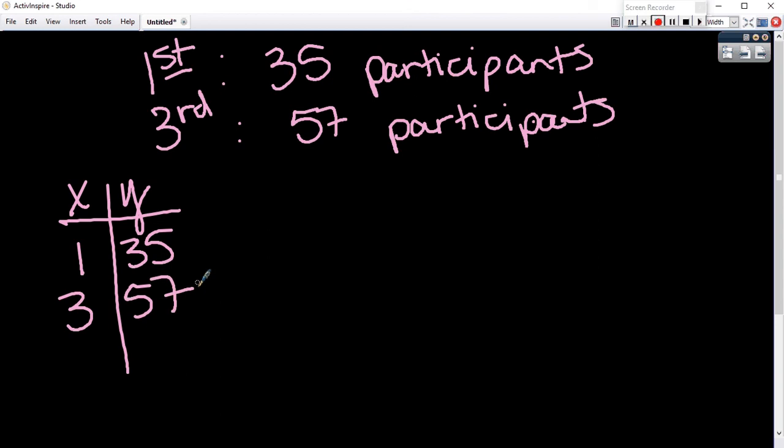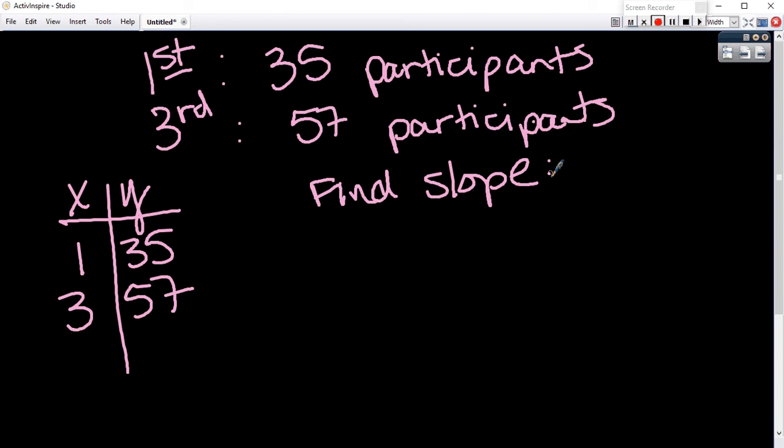If you have 2 points and you need to write the equation of the line, what's the first thing you do? Find the slope. How do you find slope? This is number 7.